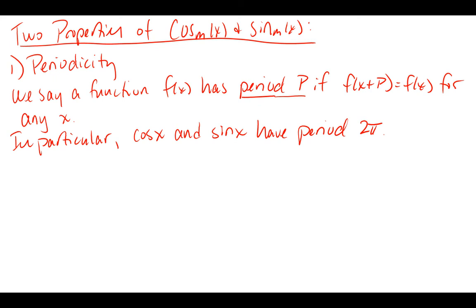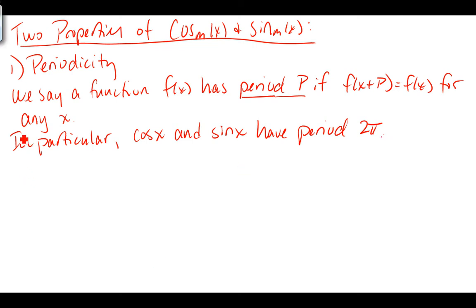But how about these cosine m's and sine m's? What's the period of those? Cosine x and sine x by themselves repeat every 2 pi units. In other words, whenever you plug something in, if you add 2 pi and evaluate sine and cosine again, you get the same thing.